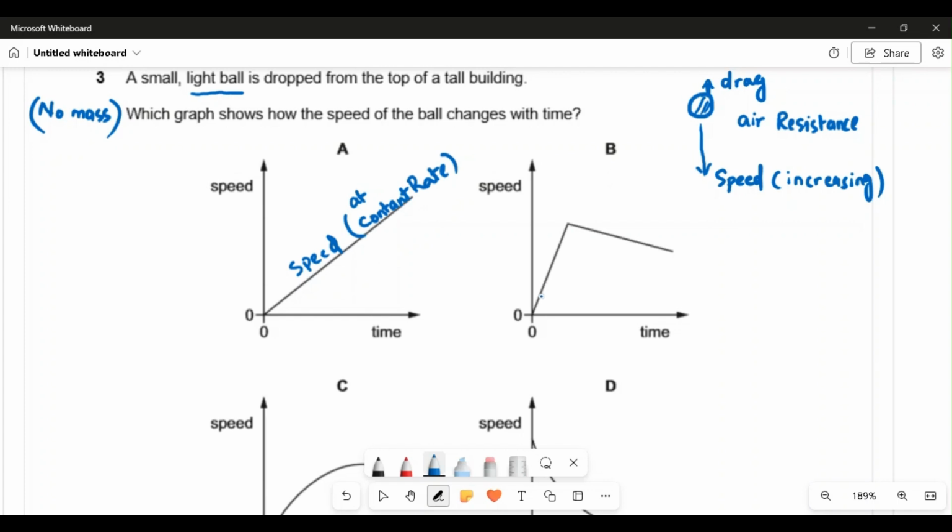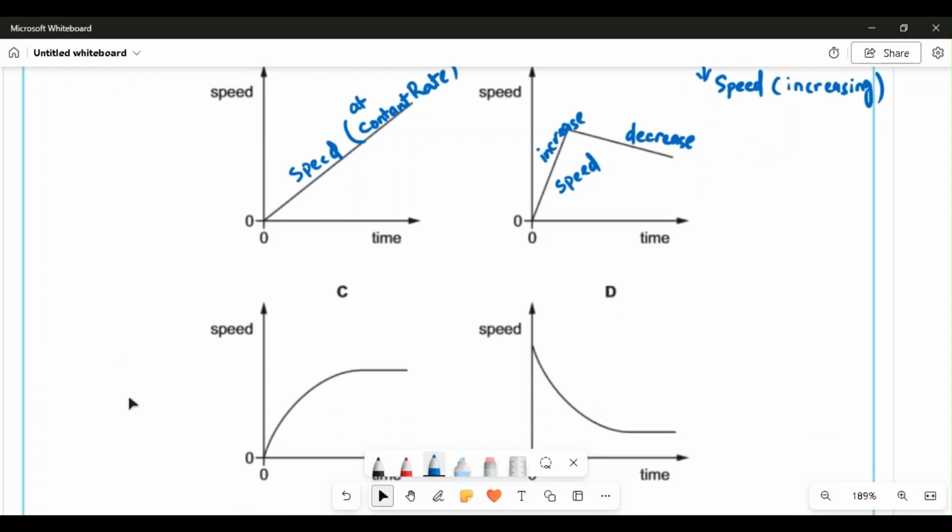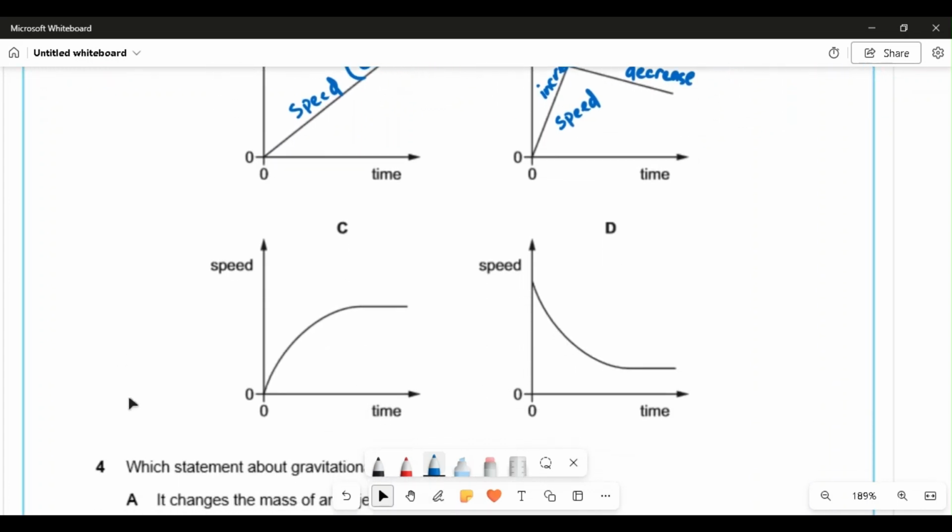Option B is showing us first an increase in speed at a constant rate like the first option, and then a constant decrease. When I move to part C, the graph shows me that the acceleration is reducing because the rate is reducing.